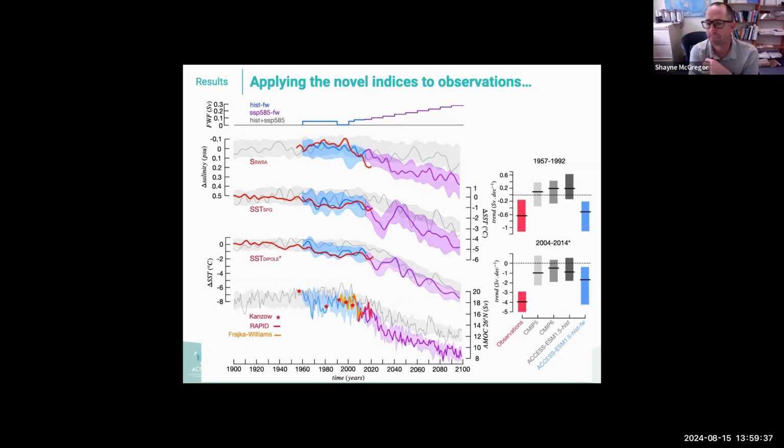So basically what we did was, for the historical simulation, a constant weak freshwater forcing from 1960 until 1990, and then decadal step change increases after this constant period.